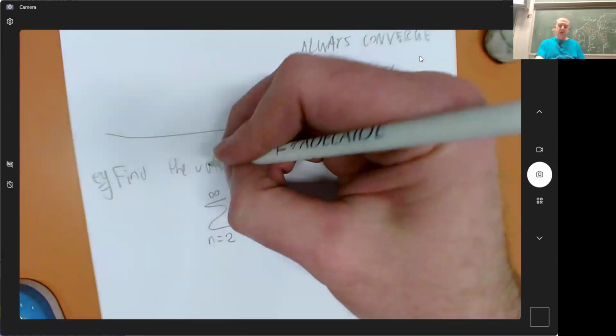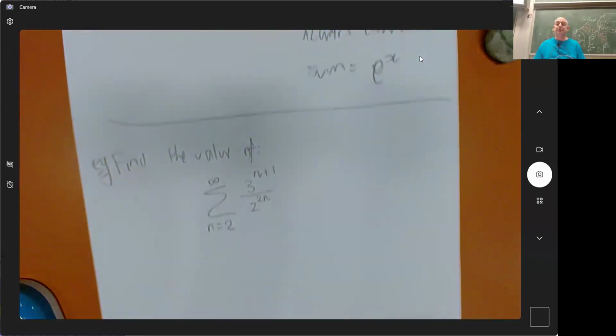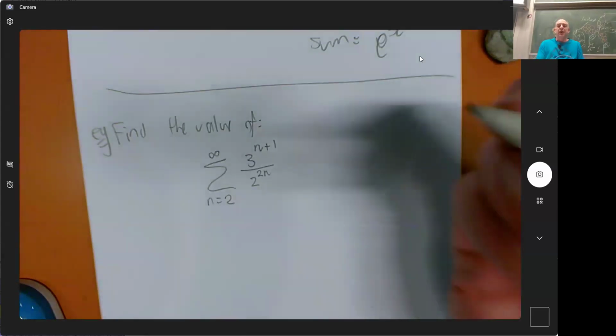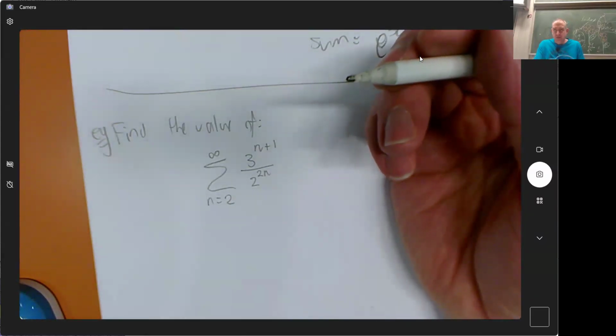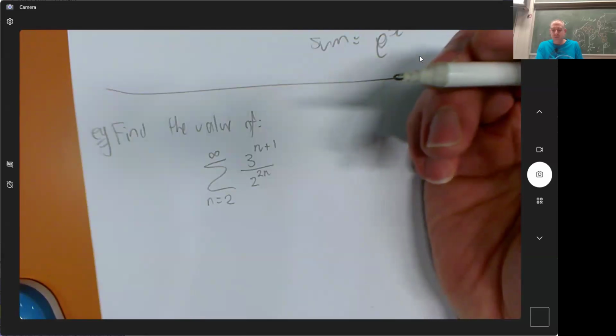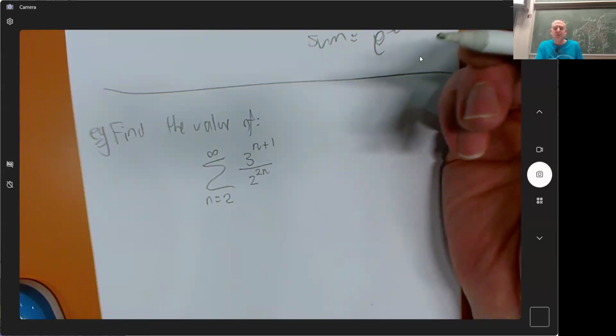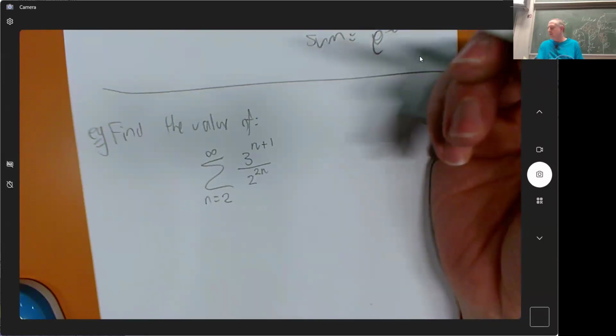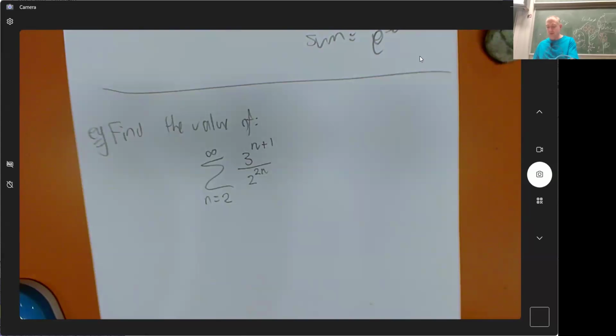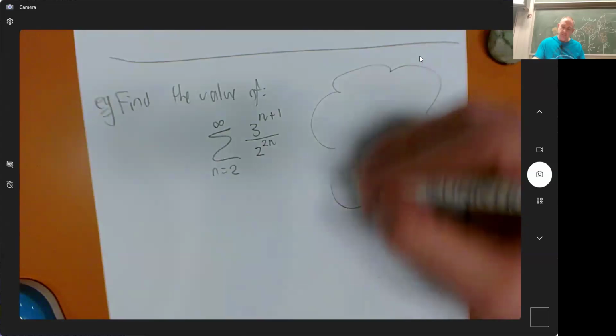There we go. Find the value of this. The fact that we can find the value means that it must be either a geometric series or a Maclaurin series. A Maclaurin series is also a Taylor series, but it must be a geometric series or a Maclaurin series that we're familiar with. And it doesn't have any factorials in it, so that means it's a geometric series. That's my thinking on that.